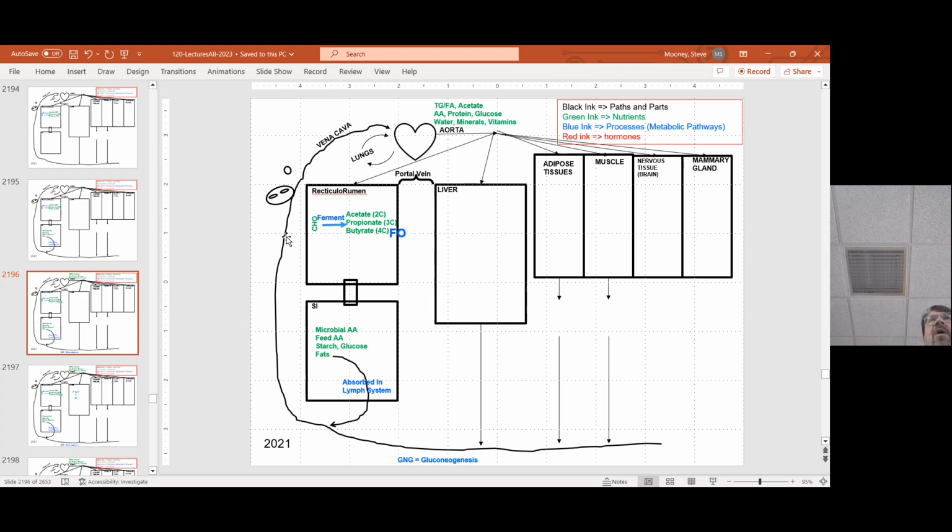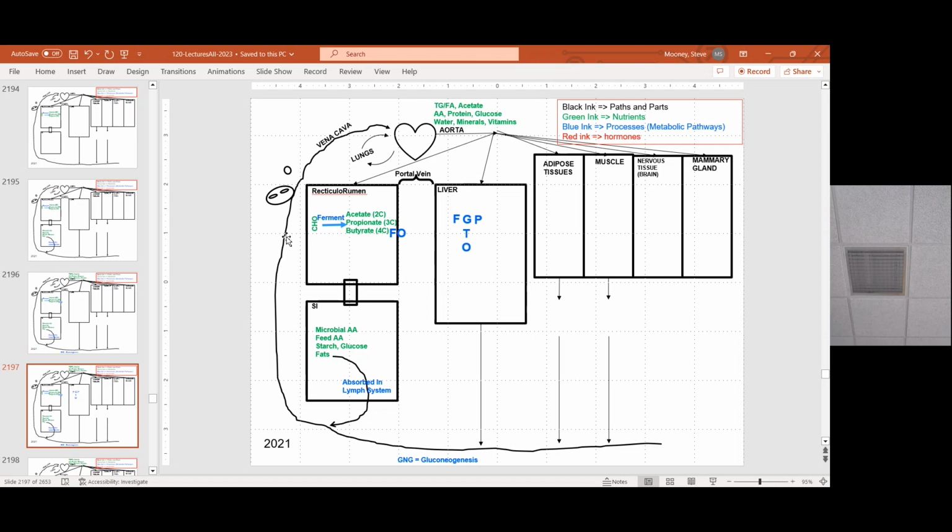So I'm proposing that a cow is metabolism. Its ability to take all these inputs that we have in green up there and create what she needs is a pretty impressive metabolic feat. In the liver, we have full cellular metabolism.